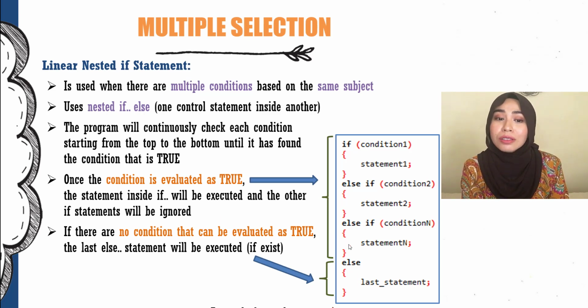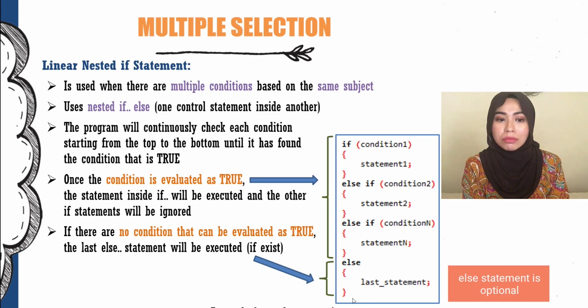But if all of these are false, we also have an else statement, whereby it will go inside here if each of the previous statements that were evaluated are false. Then it will go to the else statement. But actually the else statement is optional.